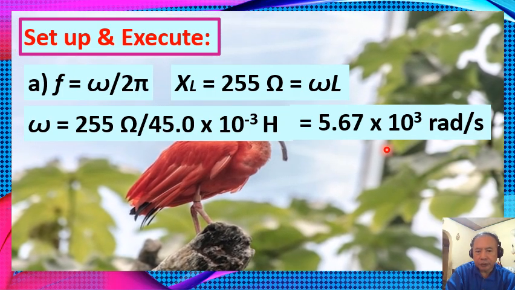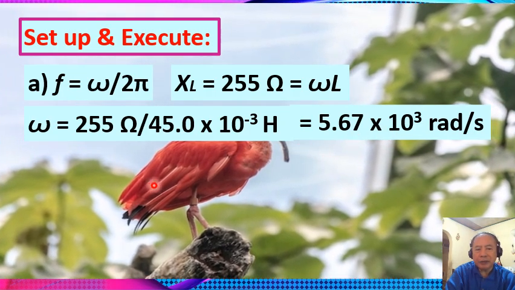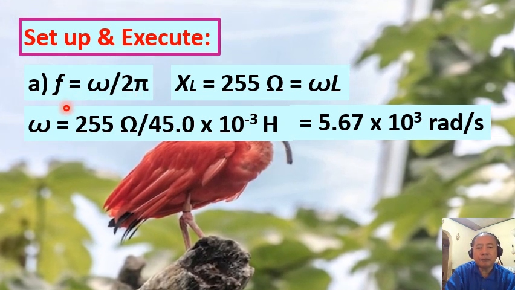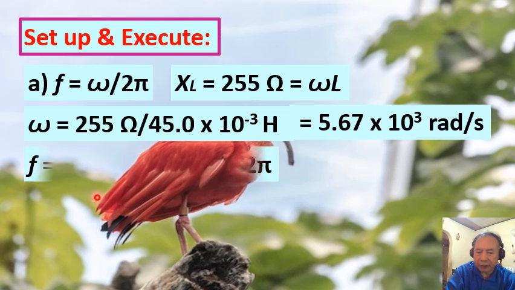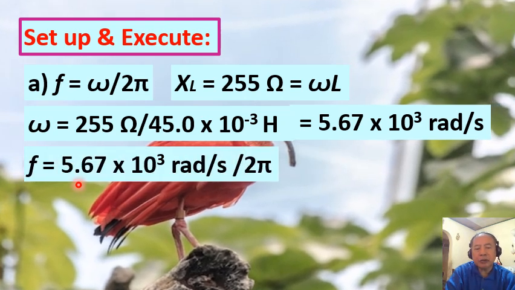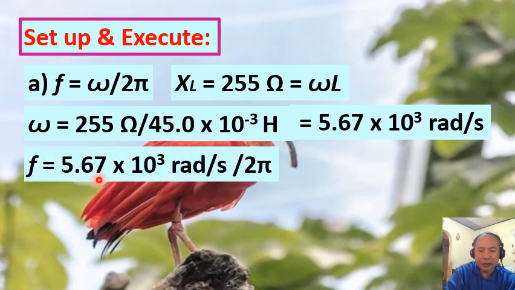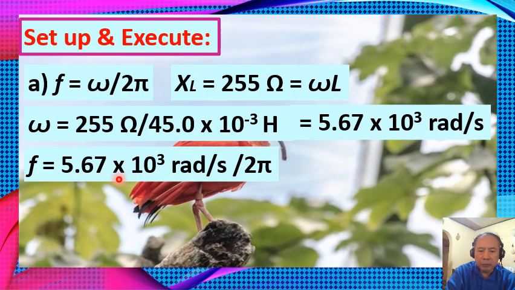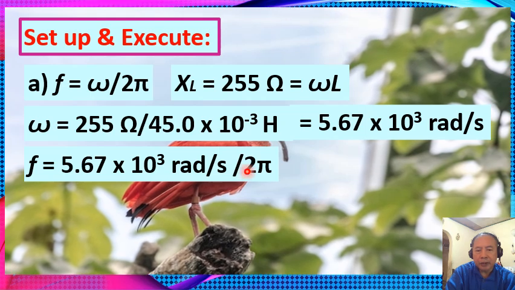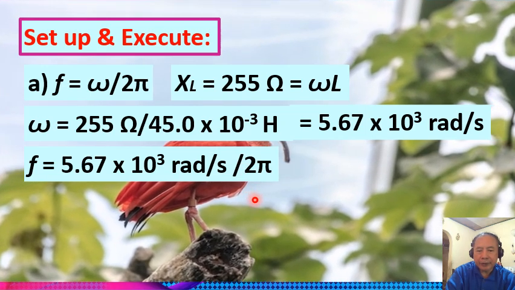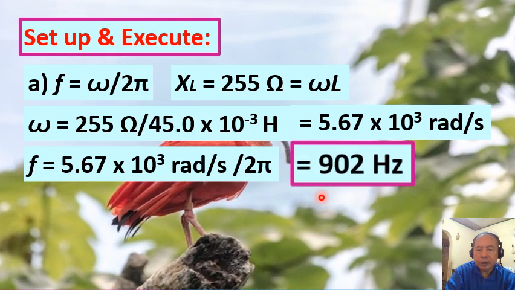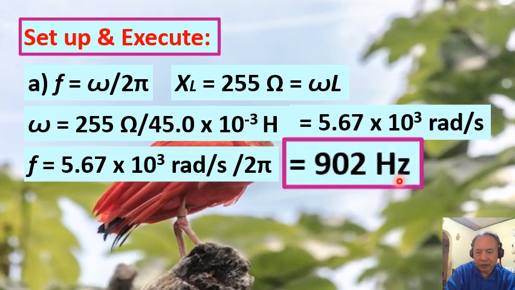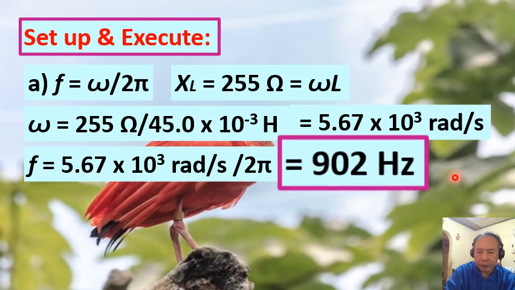All right? So now that we know the angular frequency, we can proceed in determining the frequency f of the source. So f is just equal to 5.67 times 10 to the third radian per second, that's the value of omega, and then divide it by 2 pi, which is equal to 902 hertz in 3 significant figures.